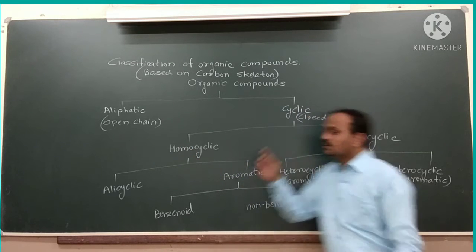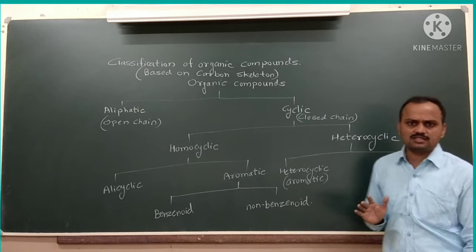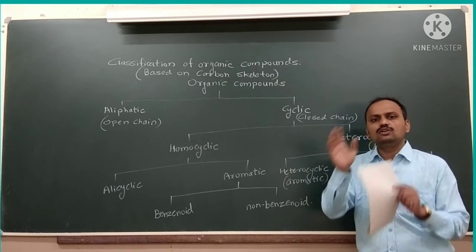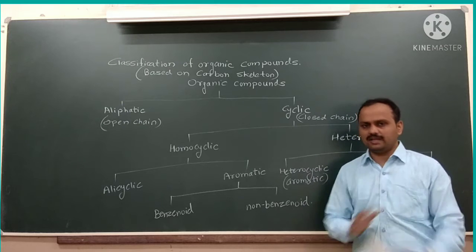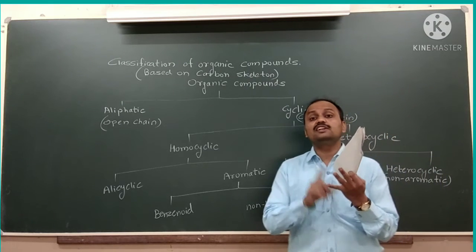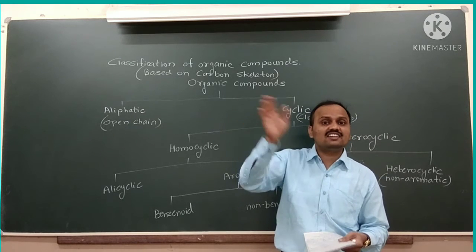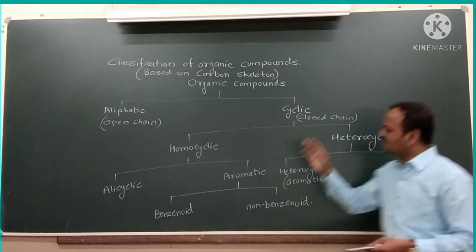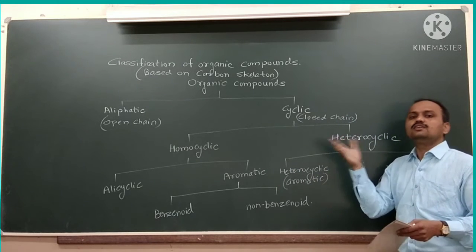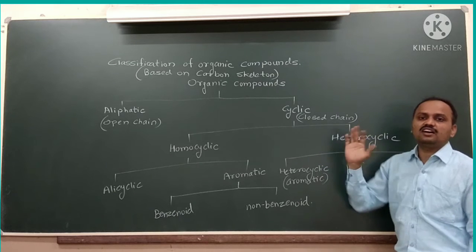Heterocyclic means having one element other than carbon in the ring. Generally, it can be oxygen, nitrogen or sulfur. Carbon is already there, but one of the carbons in the ring is replaced by another element.